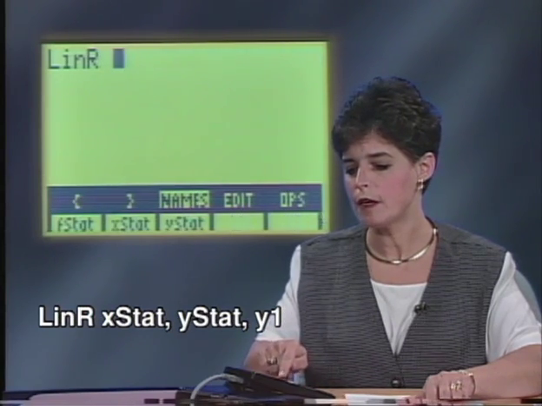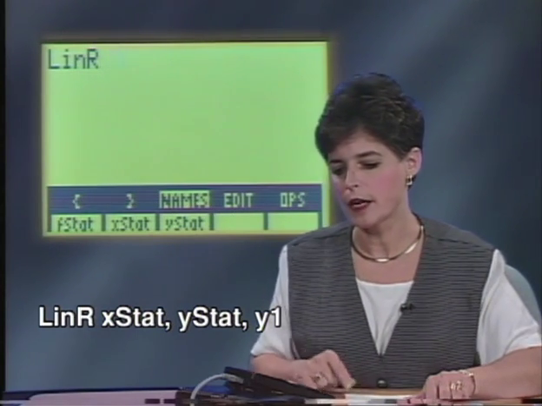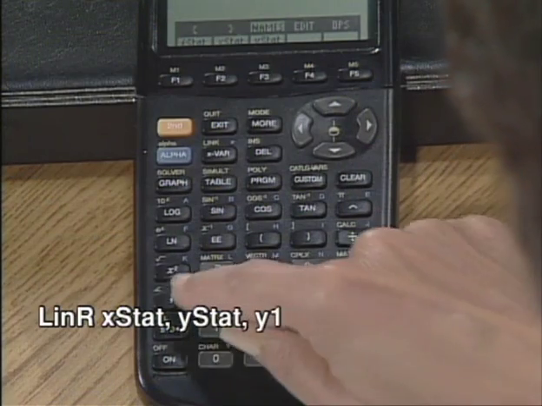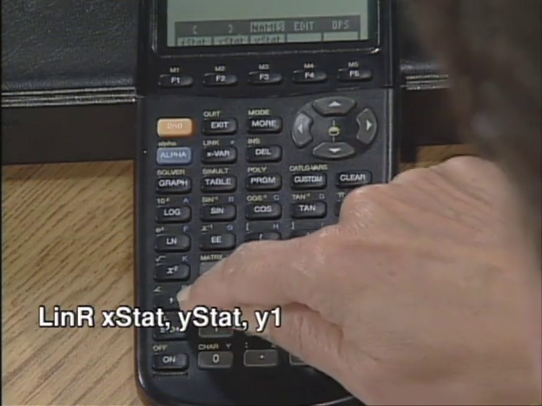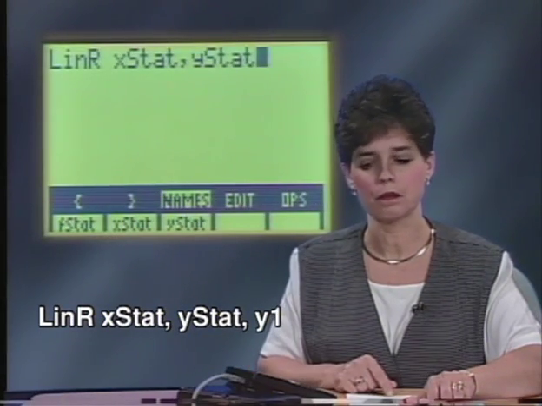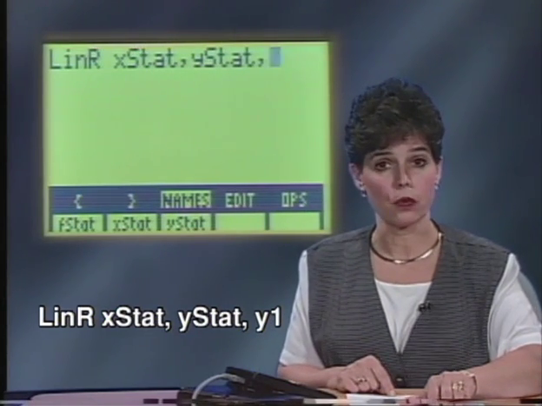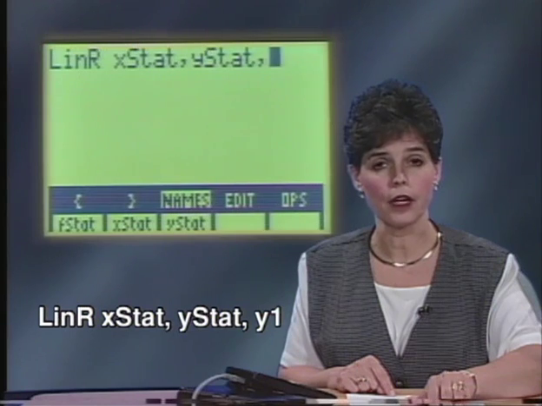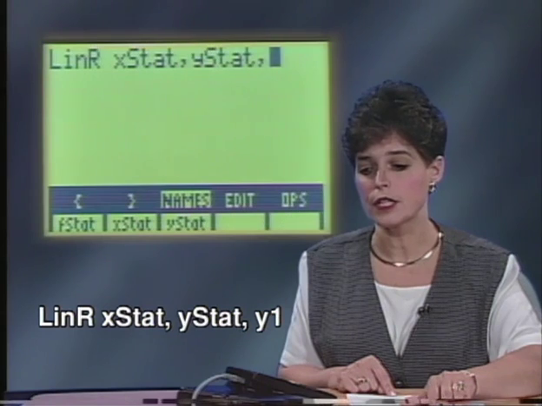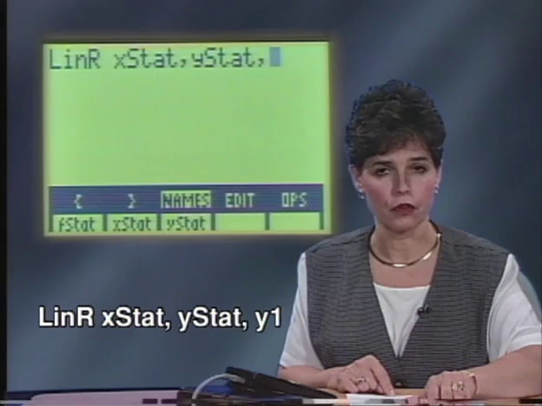Press the more key, and there you see your xstat and your ystat. So go F2 to get xstat. Now I want a comma. The comma is over here on the left-hand side of the keyboard. Now I want ystat, F3, okay. Put a comma. Now what has happened so far is that we have told the calculator that we want to find the linear regression equation, but that the calculator must use the xstat and ystat lists to identify the ordered pairs that it is going to graph.